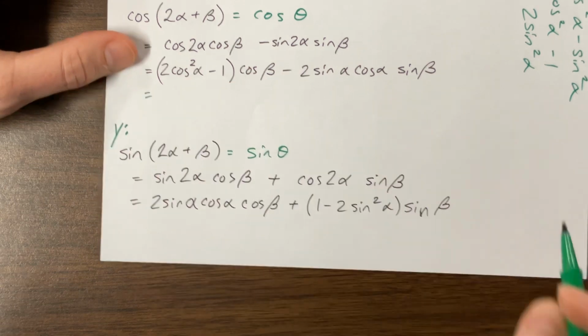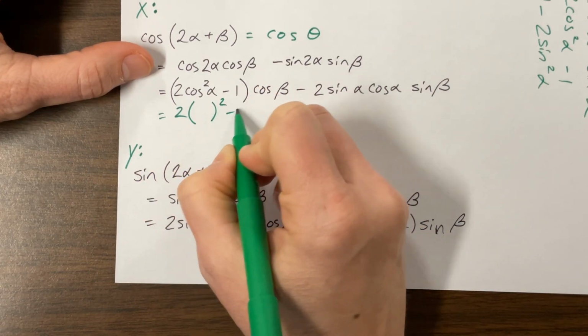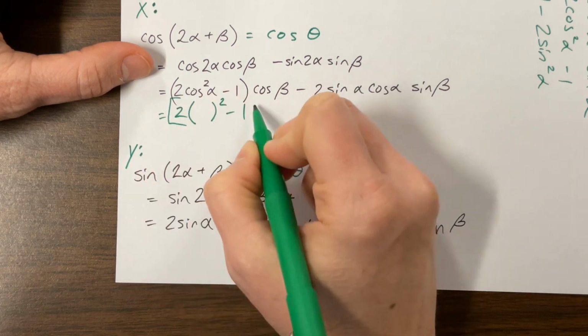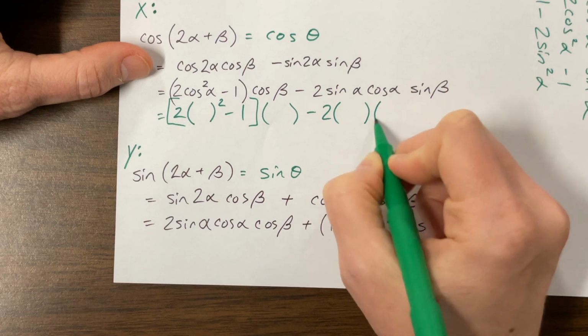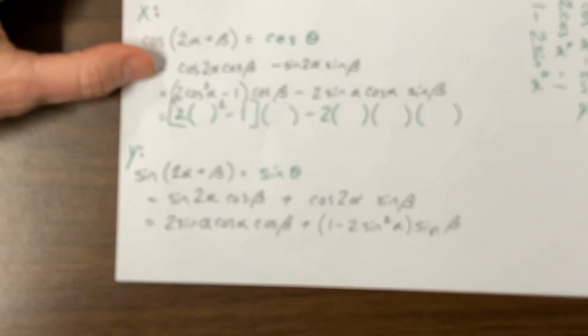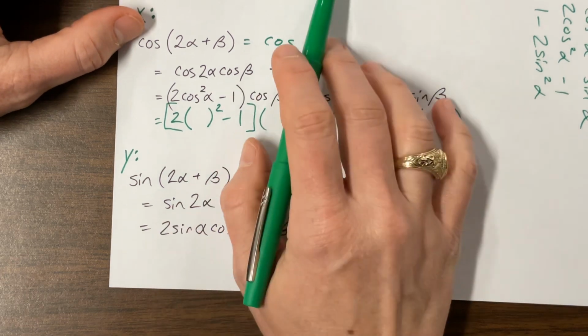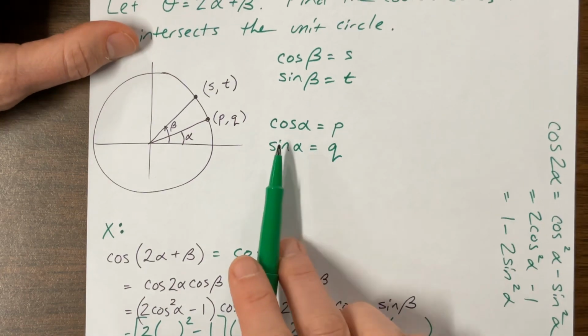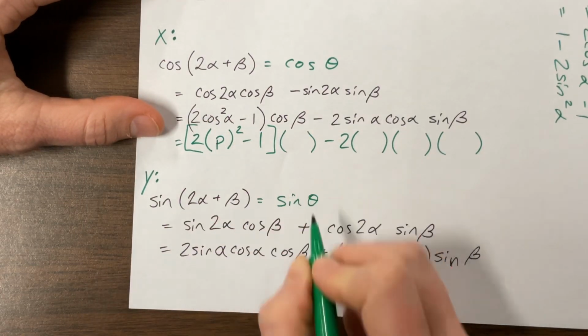Okay, so if we were cleaning this up, this is 2 times cosine of alpha squared minus 1 gets multiplied by cosine of beta minus 2 times sine of alpha cosine alpha sine beta. Okay, now what in the world are all these things? Cosine of alpha, we wrote down way up here. Cosine of alpha is equal to p. So I have a cosine of alpha, there's a p.